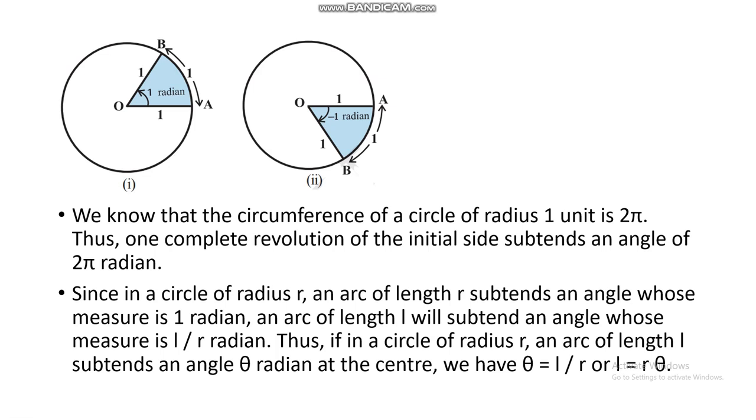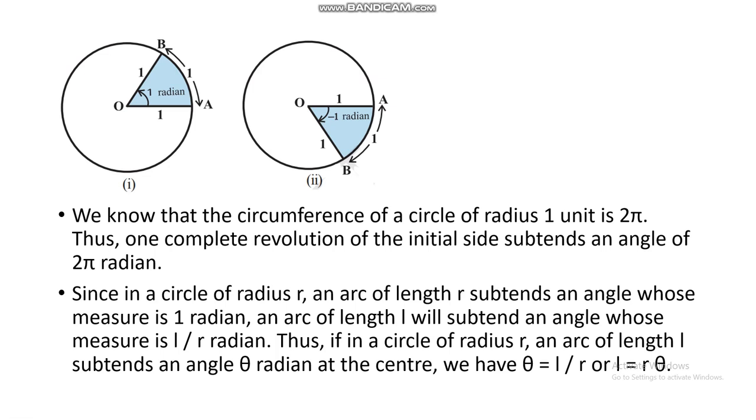We know that the circumference of a circle with a radius of 1 unit is equal to 2 pi. So we can calculate this circumference as 2 pi, then we will divide this. Now we can divide this into radians. The angle formed here is equal to L by R. What is L?